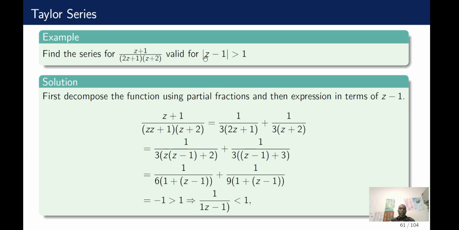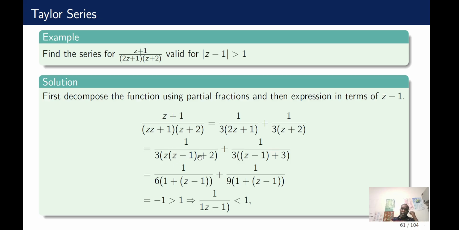Now, what we want is to have a function which is in terms of z minus 1. So what we are going to do is rewrite this expression. Instead of just 2z here, we're going to have 2 times (z minus 1). If you make this adjustment, there will be a minus 2 here.